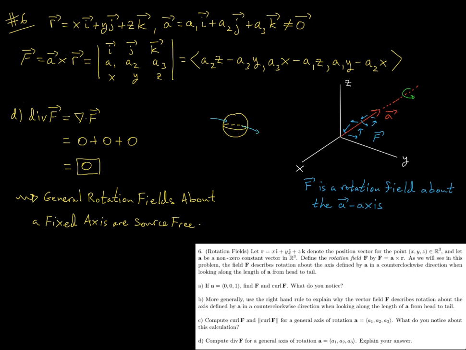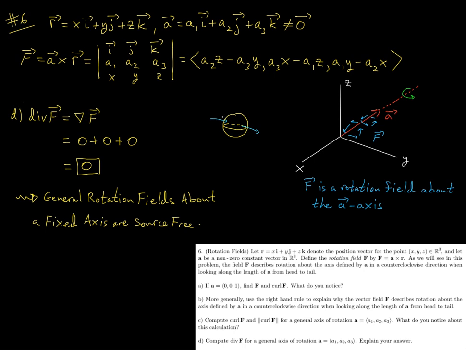And the magnitude of the vector F here, right? If I think about fixing my position vector, so I move along, say, one of these little circles here, right? Then along one of these little circles, these blue vectors will have constant magnitude. And so they're going to be contributing, well, some inward flux and some outward flux, but these are going to counterbalance each other, giving you a net flux of 0.